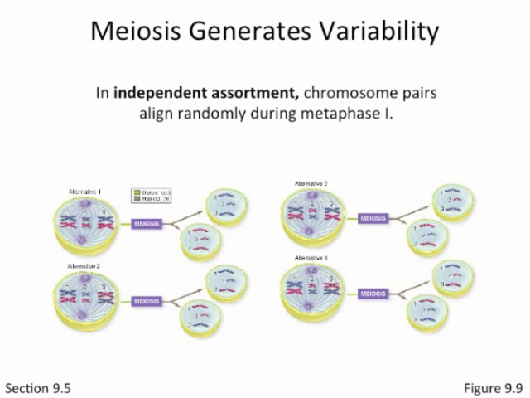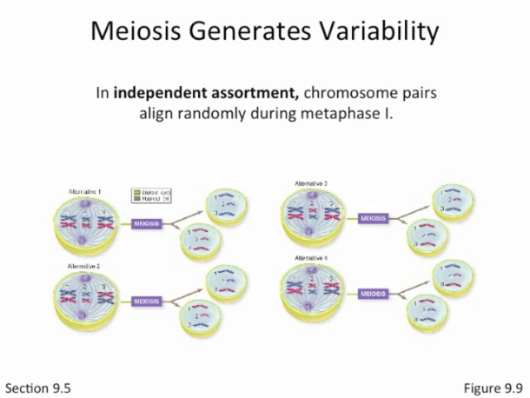If alternative 2 happened instead, you would end up with a sperm cell with 2 blue and 1 red, and here one with 2 red and 1 blue. Alternative 3, you'd end up with the same kind of thing, but with a different red and a different blue. And you'd have alternative 4, where you have another combination. So here you have 8 possible outcomes from these 3 homologous pairs.